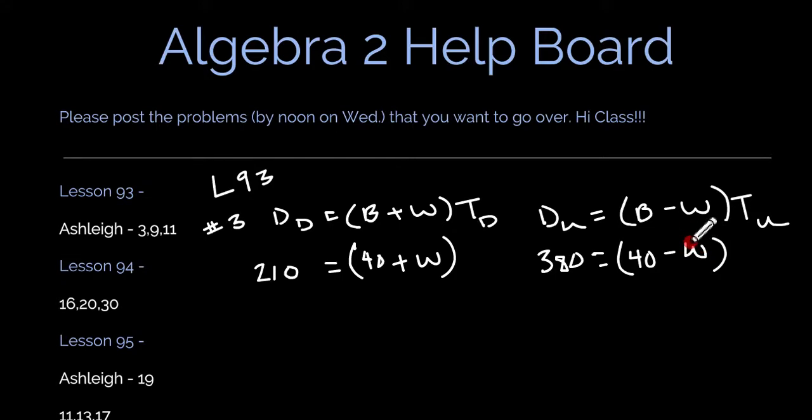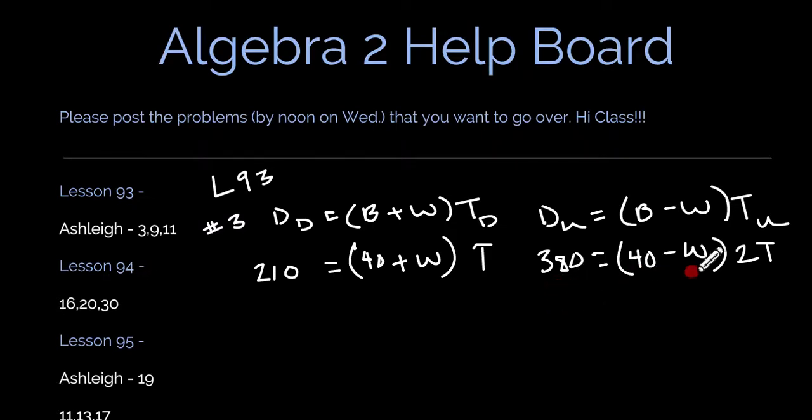The boat could go 210 miles down in half the time. So we're just going to make the up go twice as long. I just like working with whole numbers rather than partial numbers. So let's just put this in 2t, and then this is just going to be t.